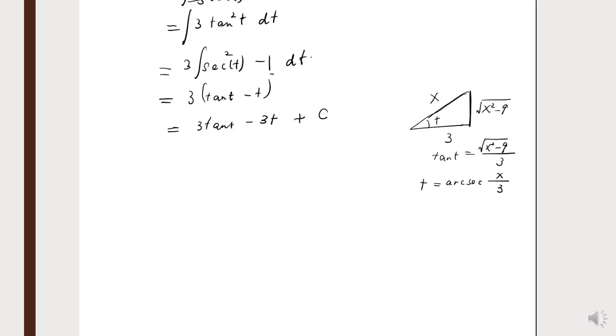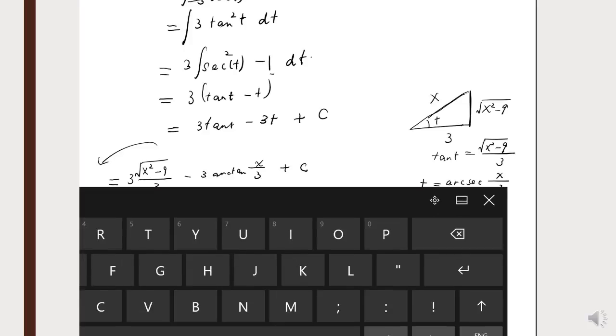So let's put it back. This one will become 3 times the square root of x squared minus 9 over 3, minus 3 arc sec x over 3, and then plus c. Okay, so this one will be cancelled out.